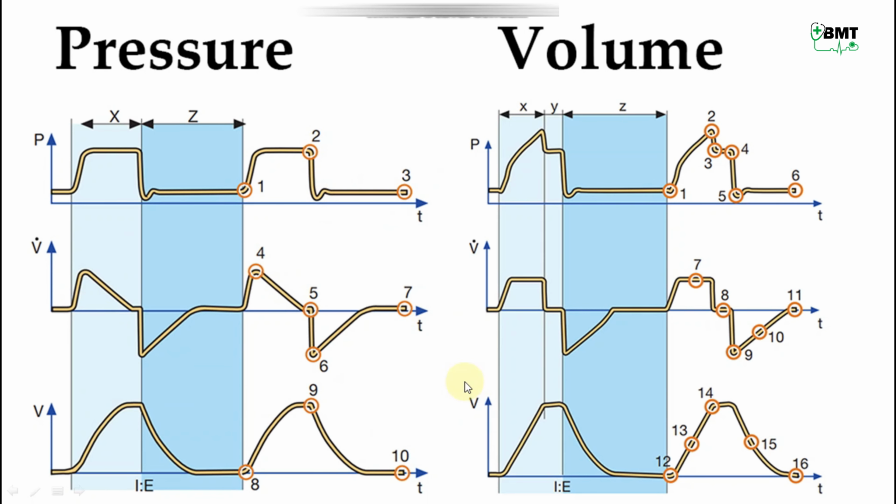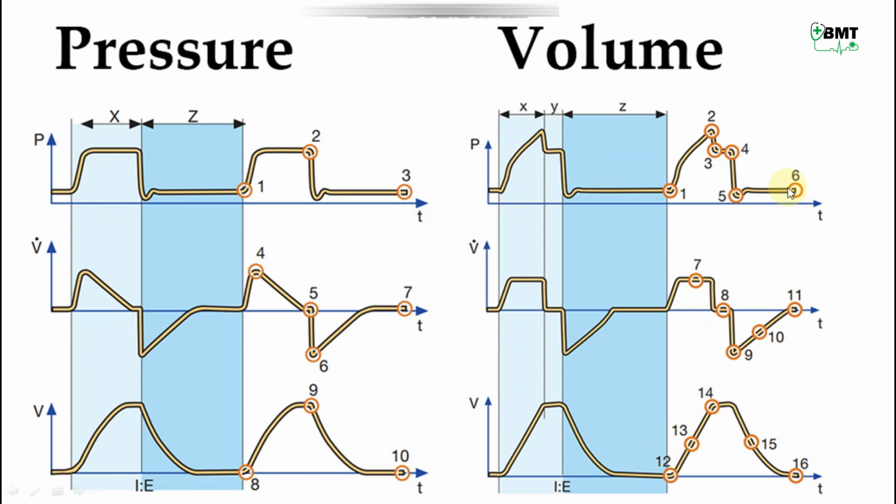And in the flow graph, this is the peak inspiratory flow, end of inspiratory flow, peak expiratory flow, and end of expiratory flow. And in the volume graph, here is the start of inspiration, end of inspiration, and then end of expiration.